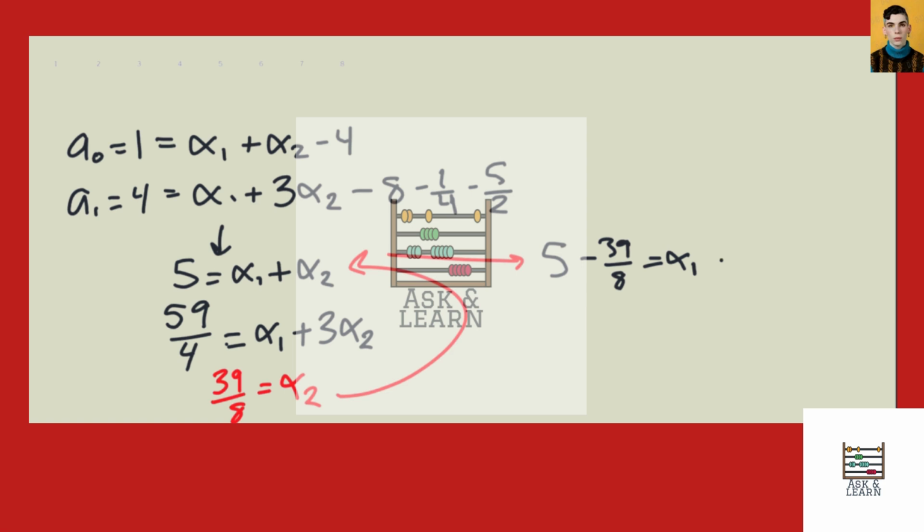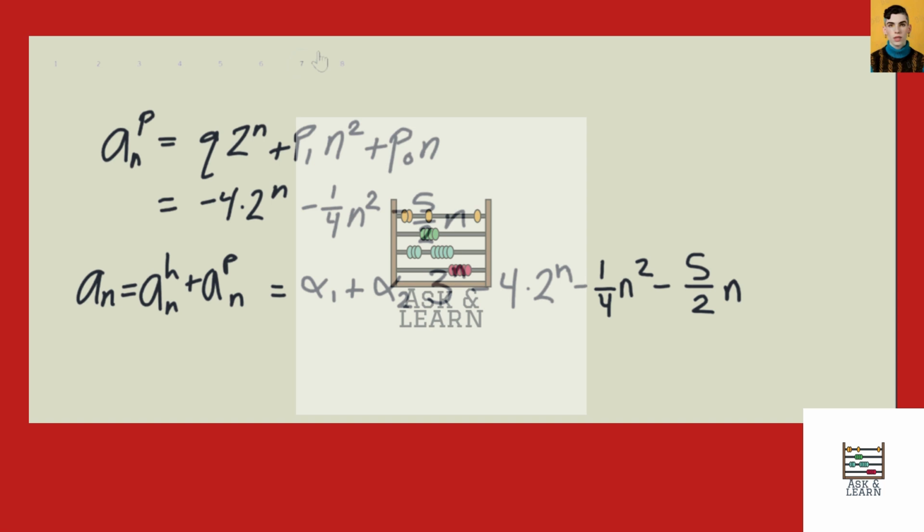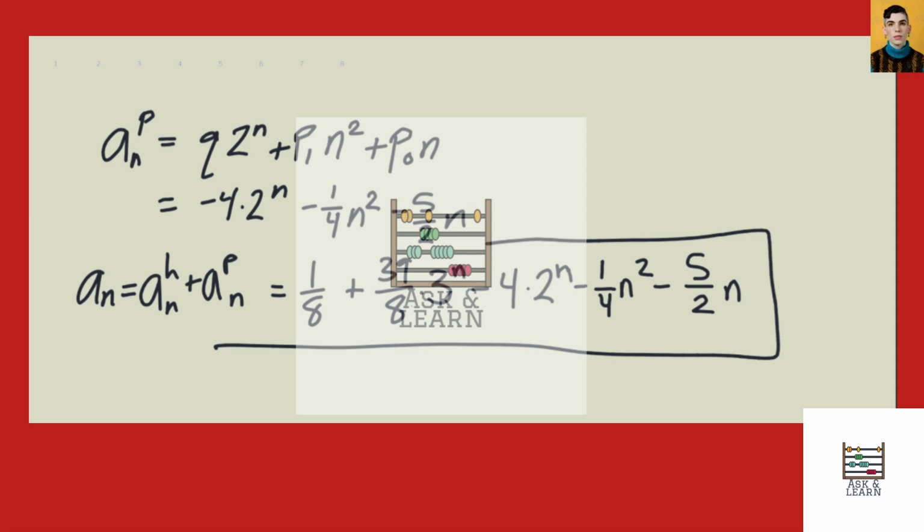And that is equal to 1/8. Okay, so now that we know everything, we have alpha 1 and alpha 2. We can just go back here and put them into their respective places. So this is going to be that a_n is equal to 1/8 plus 39/8 times 3 to the power of n, minus 4 times 2 to the power of n, minus 1/4 times n squared, minus 5/2 times n.